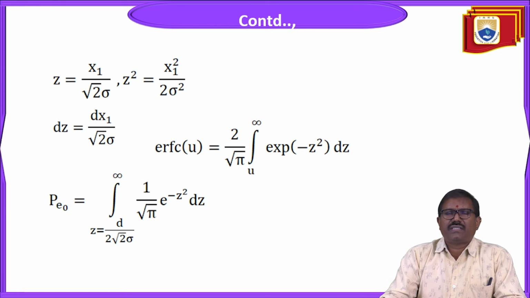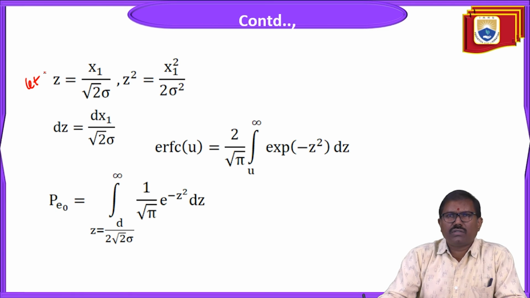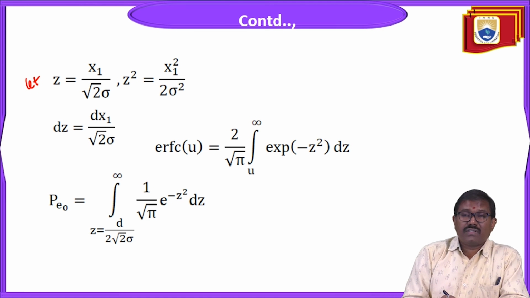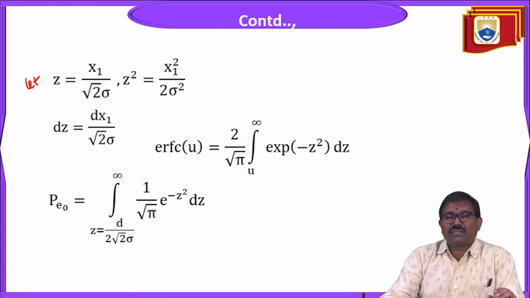So here also let z equal to x1 by root 2 sigma, and z square is equal to x1 square by 2 sigma square. For rearranging I am going to square, but previously we did not do like that, so the equation is different.